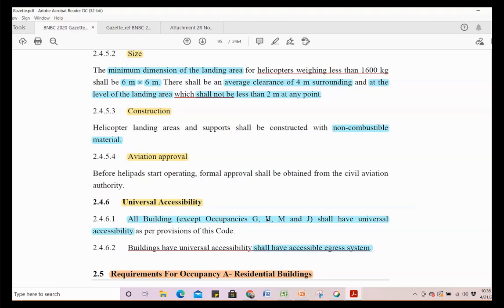And we have a separate appendix for that. The provisions of the code are mentioned in an appendix in this part. So we have a separate accessibility appendix, and it covers almost all the guidelines needed for general purpose and for emergency purpose as well.